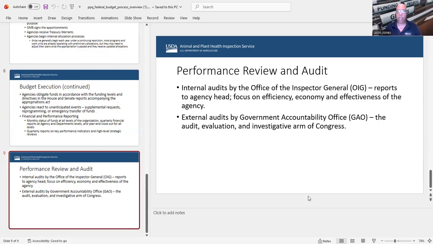That's where the audits, evaluations, and investigations come from. In fact, the GAO is actually the investigative arm of the Congress. Got one more PowerPoint for you so you can get an idea on how all of this works.